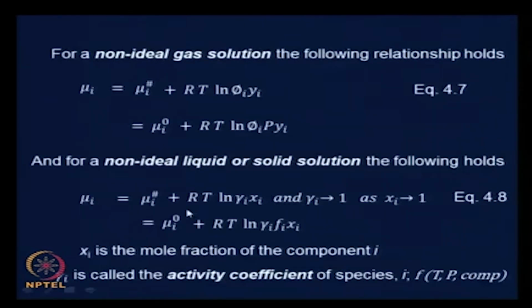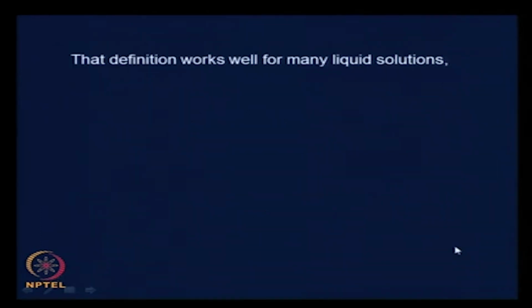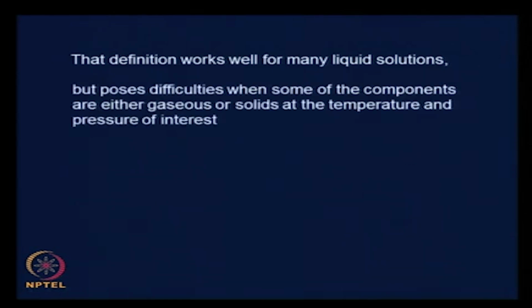Now that definition that we gave works well for many liquid solutions. The definition was mu I equals mu I hash plus RT ln gamma I Xi, and gamma I tends to 1 as Xi tends to 1. That works well for many liquid solutions, but not all.